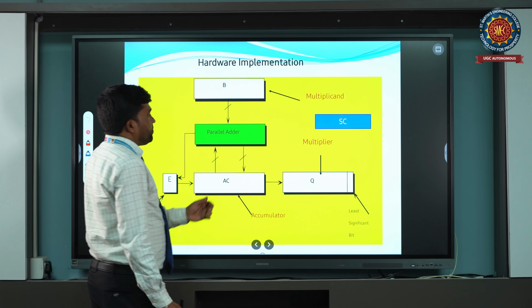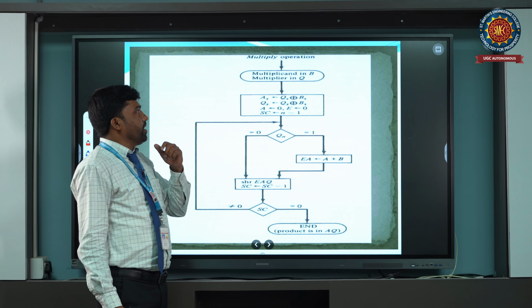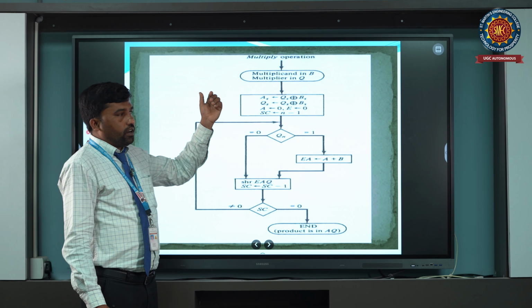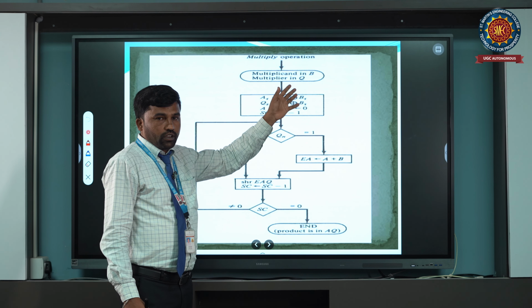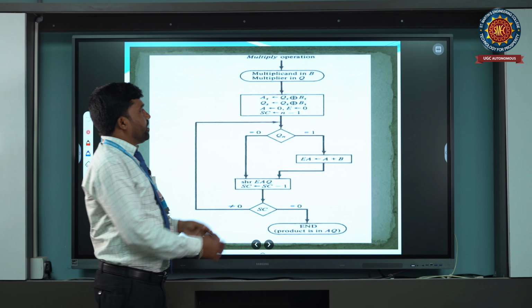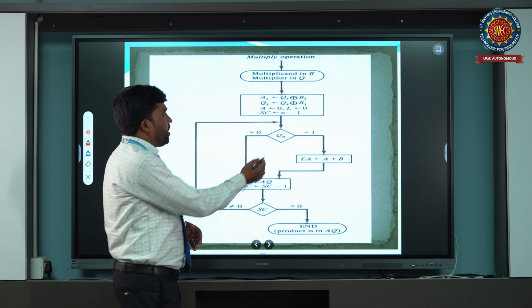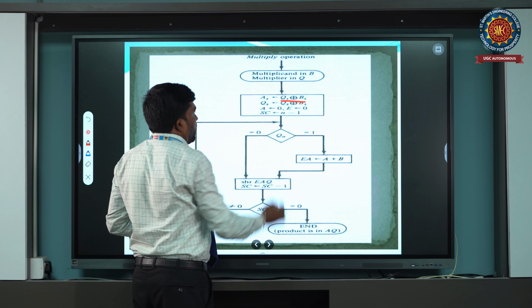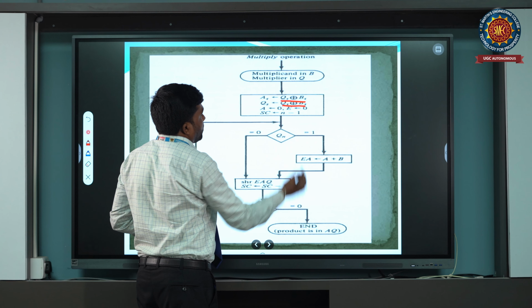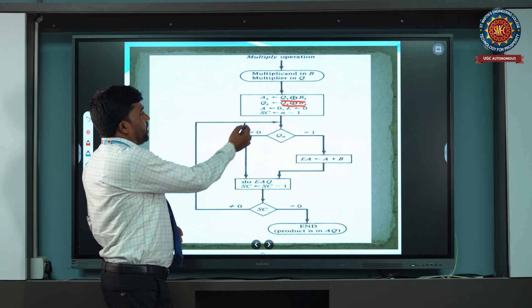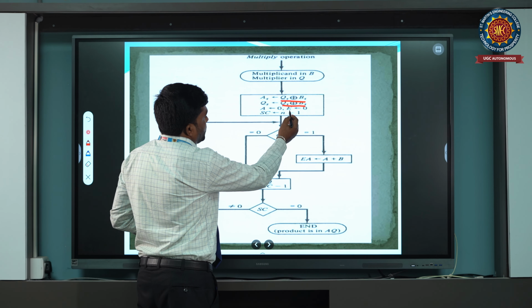See here the flow chart of the multiplication algorithm. This is the flow chart of the multiplication algorithm. Already we discussed the multiplicand is stored in the B register and the multiplier is stored in the Q register. The conditions are: A reads the data from Q exclusive OR B. At A it is always 0 at the initial stage, and E is also 0.